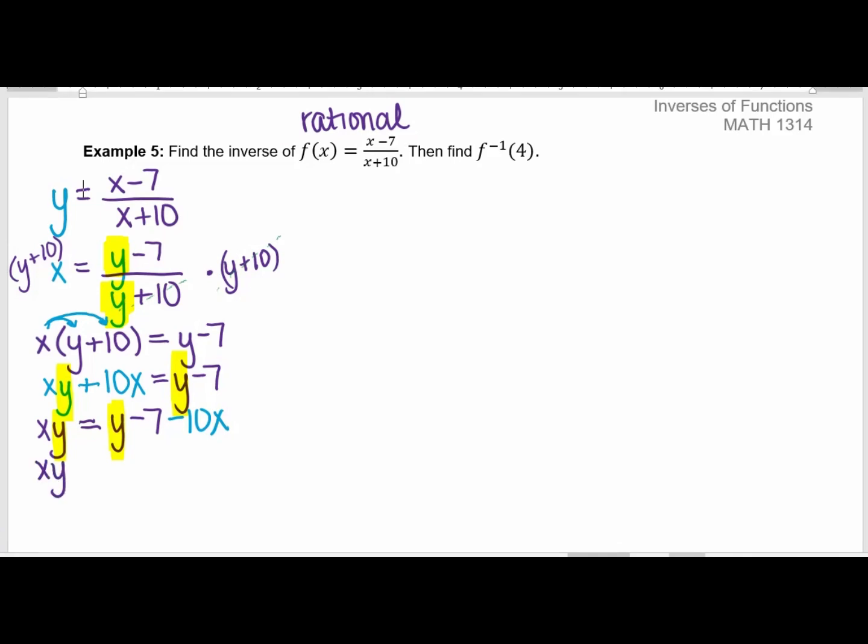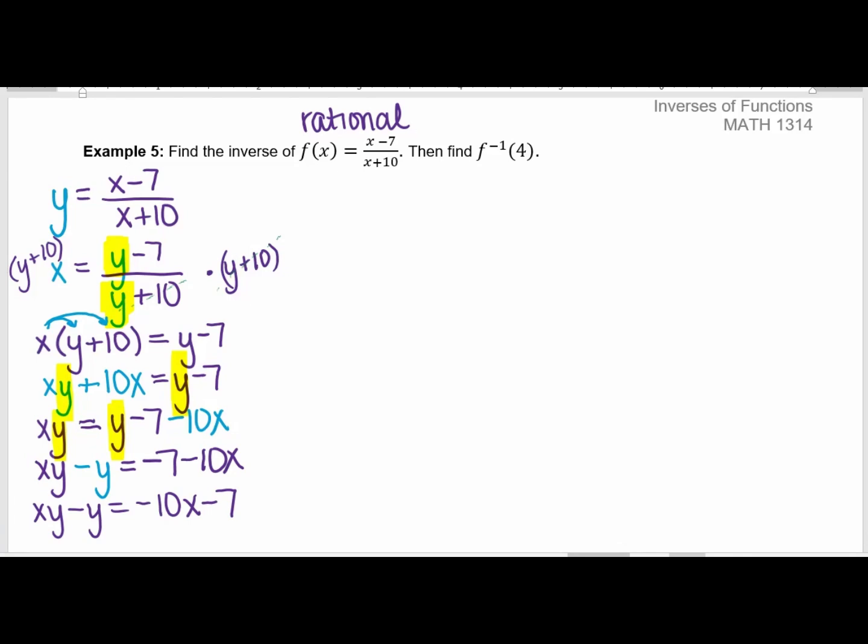My xy is still there. Subtract y from the right-hand side to the left-hand. I have negative 7 minus 10x. Keep in mind that this is the same thing as negative 10x minus 7 on the right-hand side. Whichever way you want to look at it is fine.